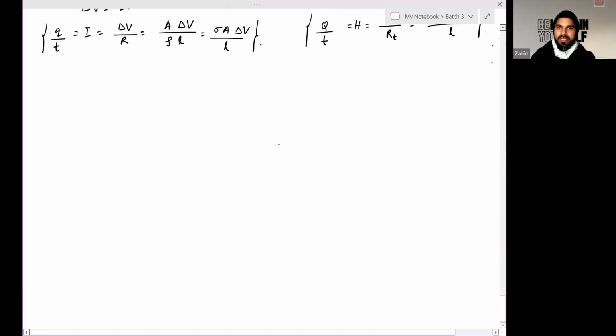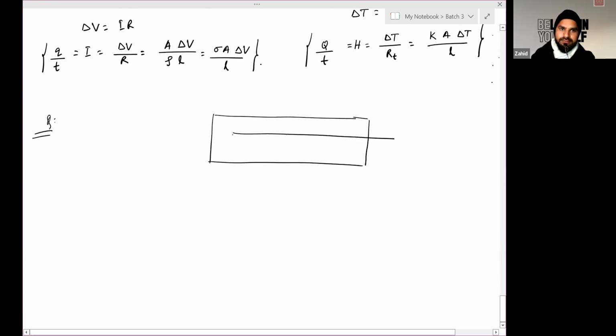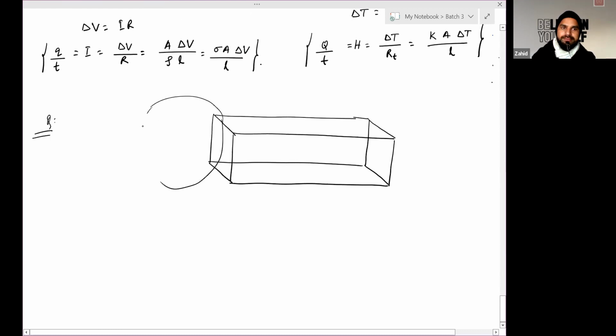Related to the above part, let me give you a question. Suppose you have a cuboidal slab. At this face, it is connected to a furnace at 100 degrees Celsius.